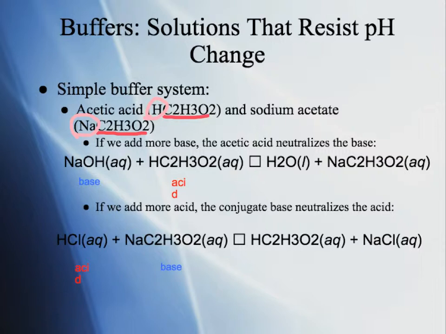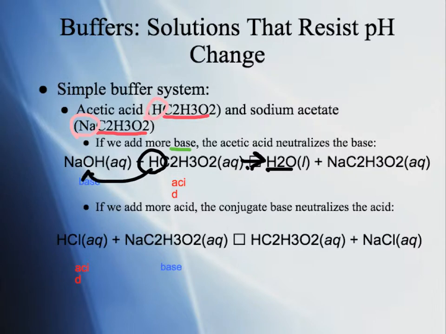So if we add more base to this solution, for example, if we add NaOH, which is a base, to the solution, the acetic acid part of the buffer system is going to neutralize the base. All right, and so we can see that NaOH is going to be broken apart, and the H here in the acetic acid is going to give away its H to this OH to make water.